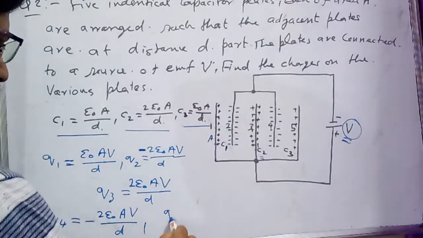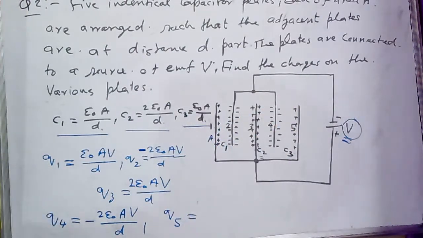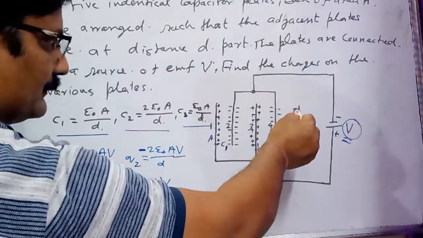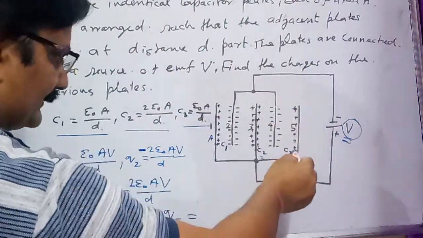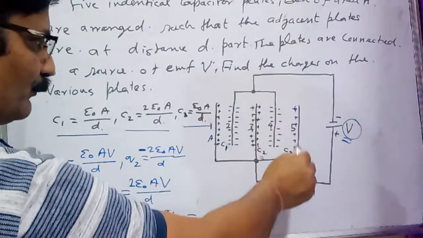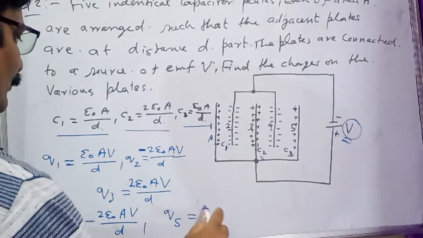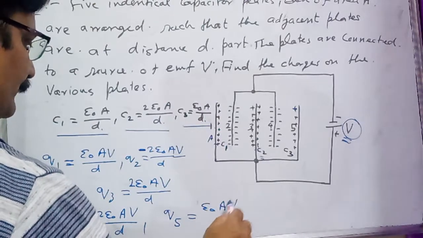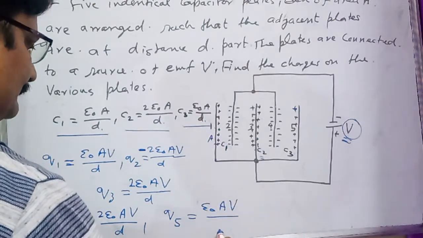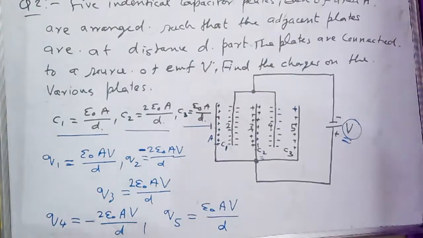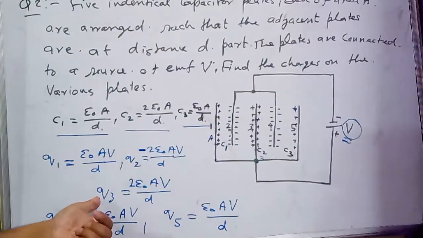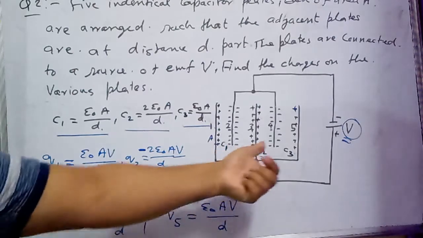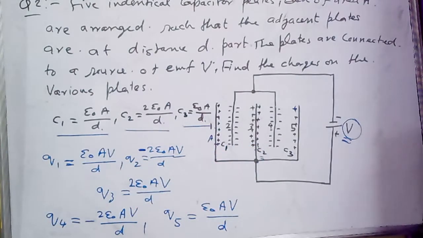Then Q5, charge on the fifth plate, has only positive charge on one face, so the answer is going to be positive epsilon naught A into V divided by D. So charge on the plates Q1, Q2, Q3, Q4 and Q5. This will be the answer in this question.